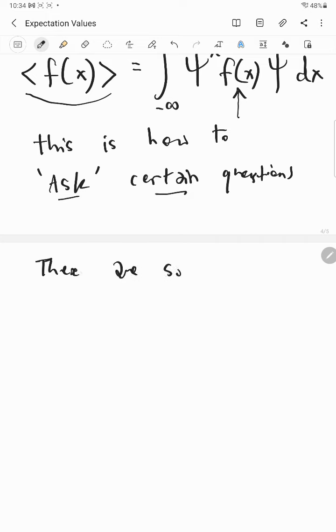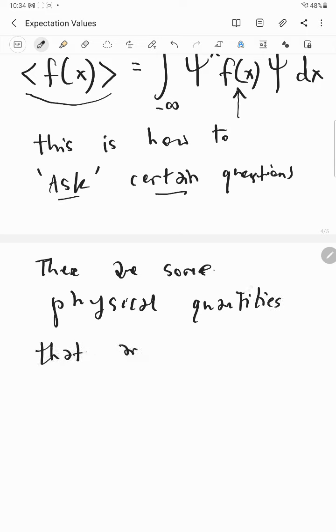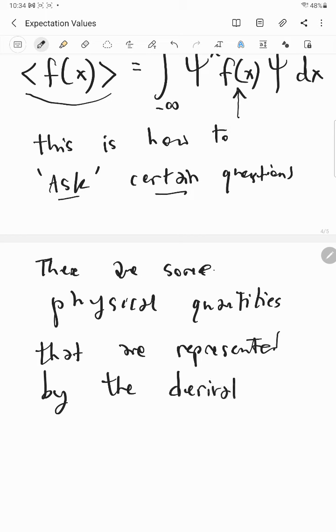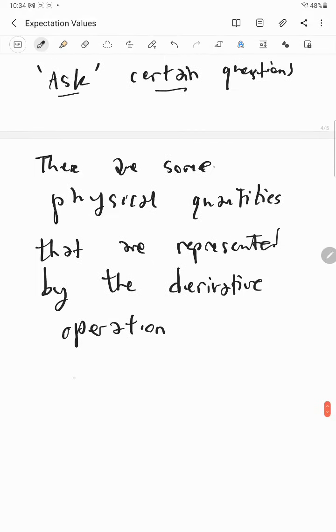There are some questions, though, some physical quantities that are represented by the derivative operation, and in particular, the momentum.